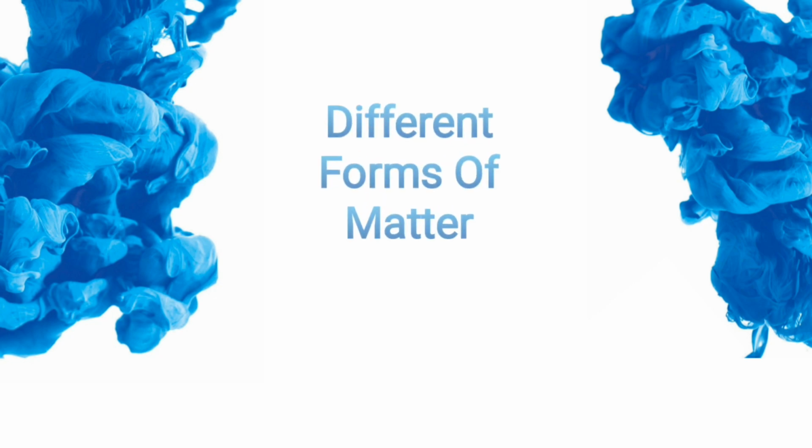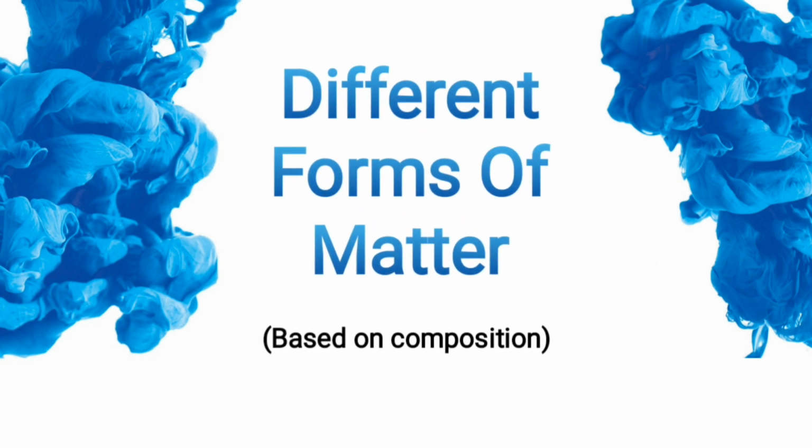My dear student, in our previous lessons, we talked about the states of matter. But today, we are going to learn something new and very important, which is the different forms of matter based on composition.